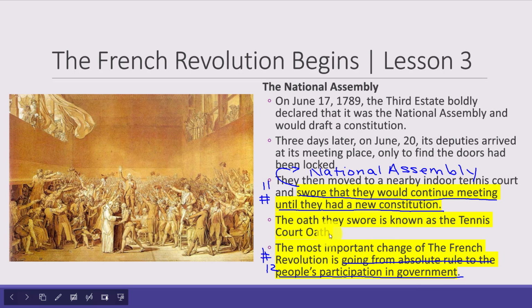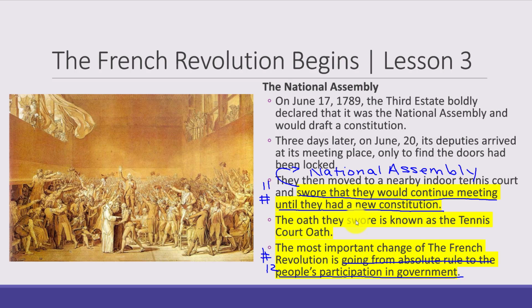So that's part of number 11. So this is why all of this is highlighted. That oath that they swore was called the Tennis Court Oath, and they swore that they would continue to meet in that same location until they drafted a new constitution.